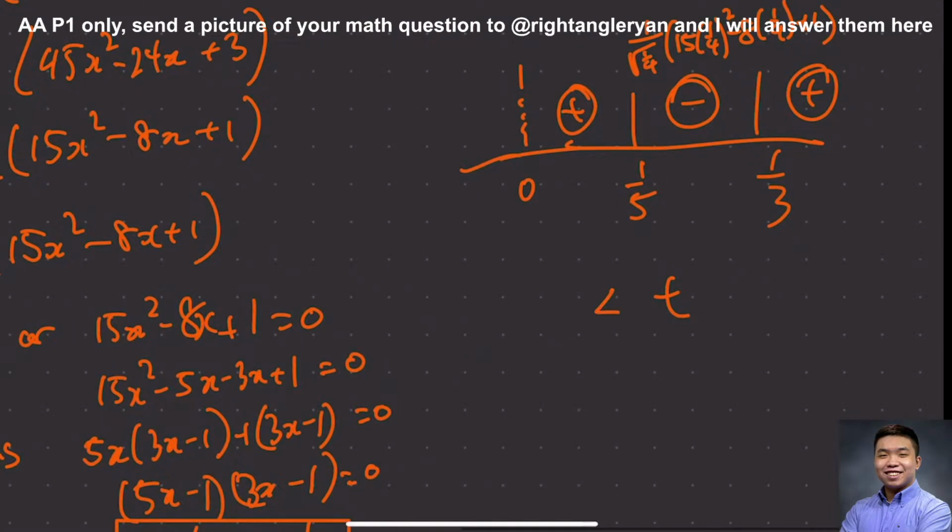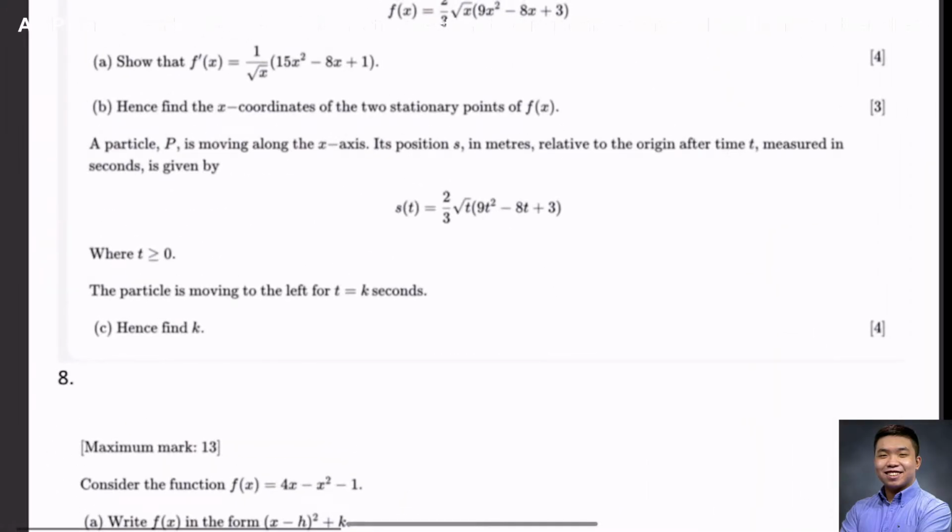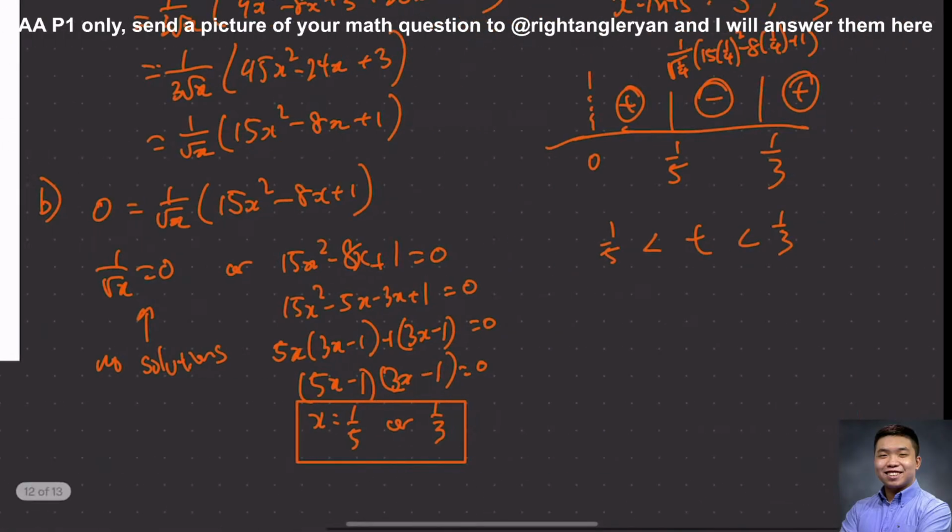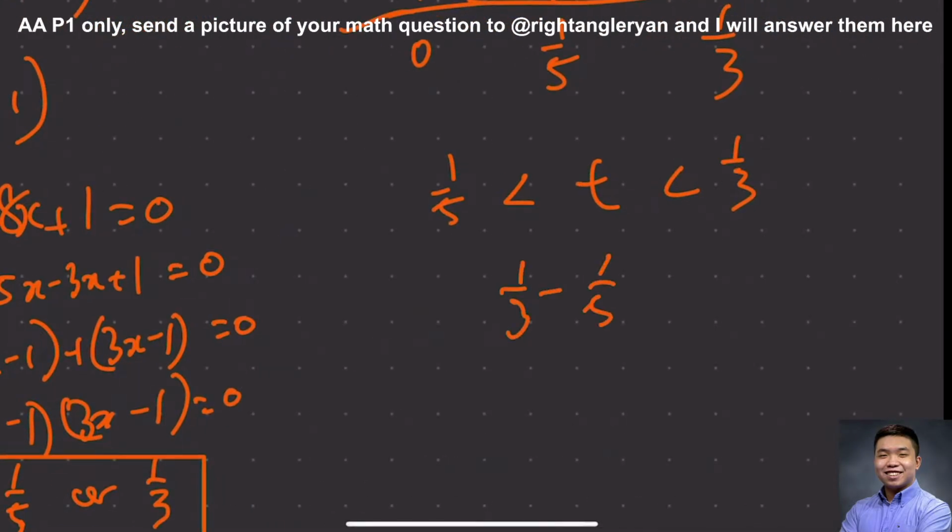The question is asking for the particle moving left for t equals k seconds, so how many seconds is it moving to the left? Being between 1 over 5 and 1 over 3 doesn't tell me how long it is traveling to the left, so I need to do 1 over 3 minus 1 over 5 to find the entire duration. That is 5 over 15 minus 3 over 15, which is 2 over 15 seconds.